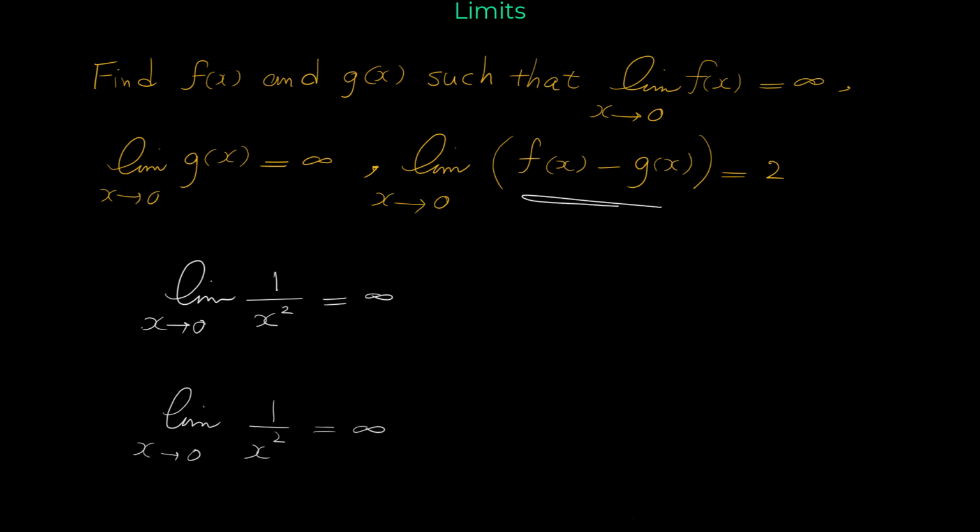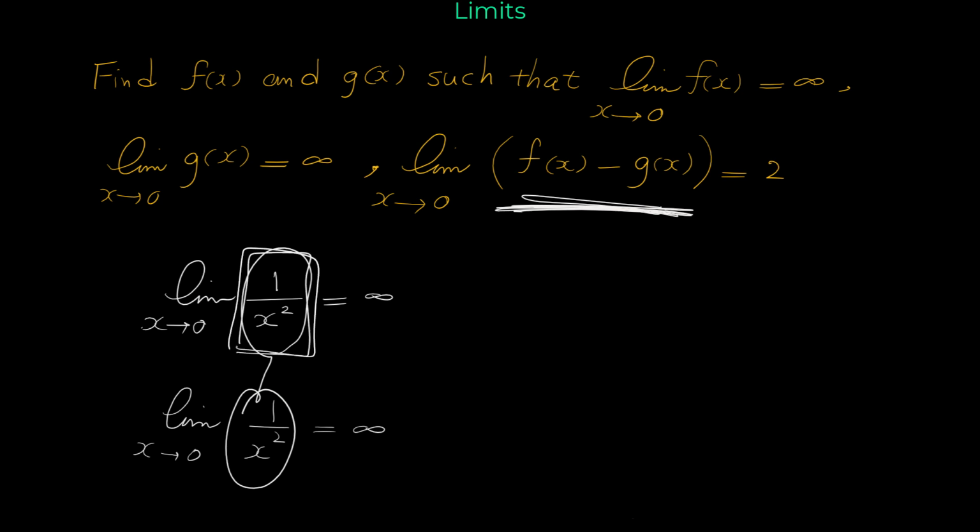Then the limit of the difference between them, if you subtract this from this, would be 0. But we want the limit of f of x minus g of x when x approaches 0 to be 2. So to make this happen, we can simply add 2 to one of them to make it 2 units more than the other function.